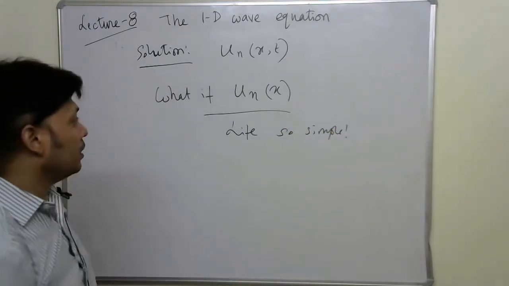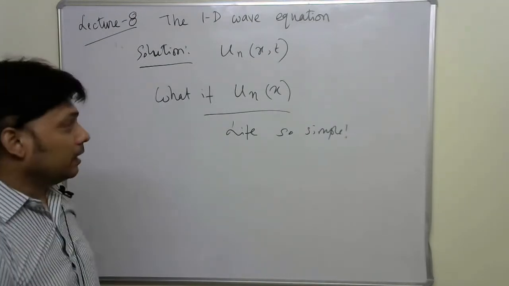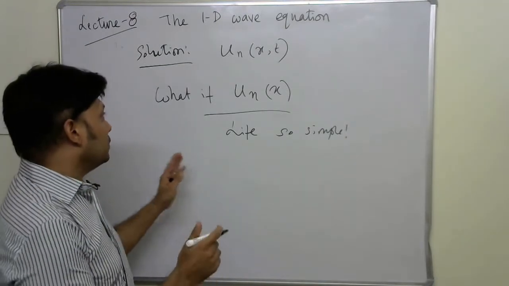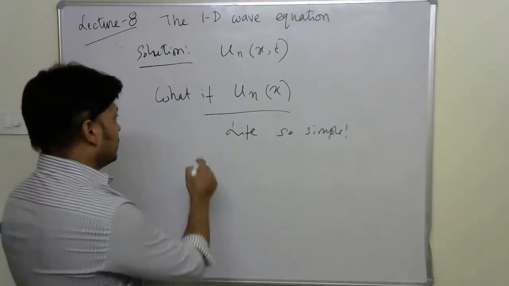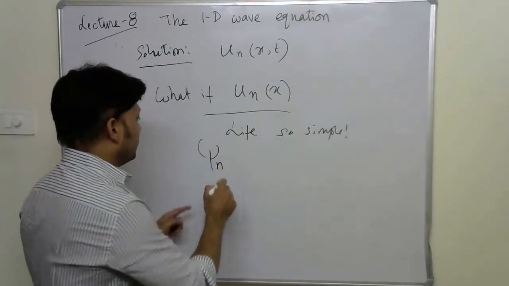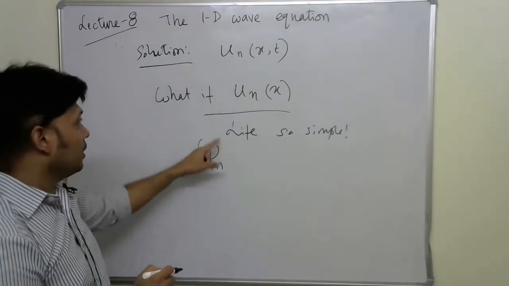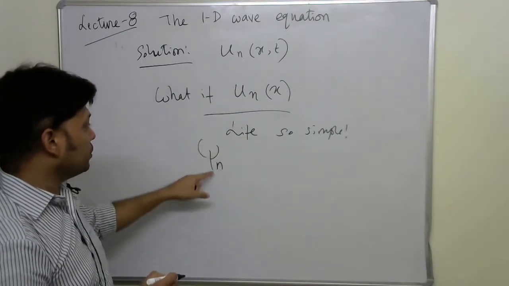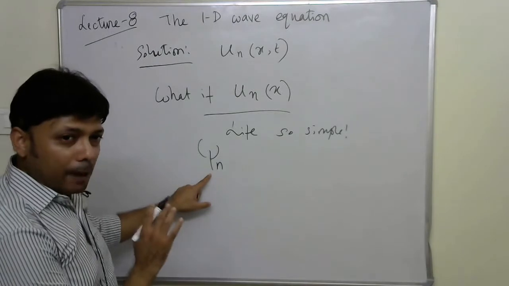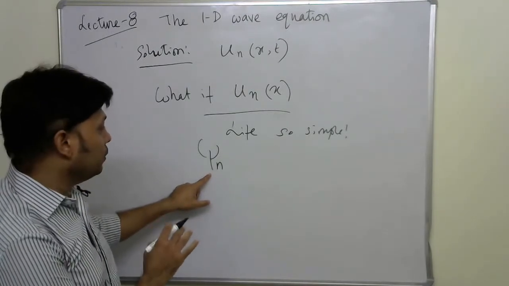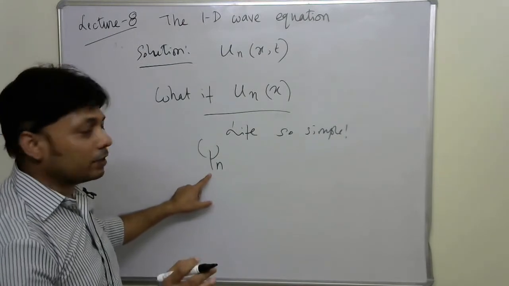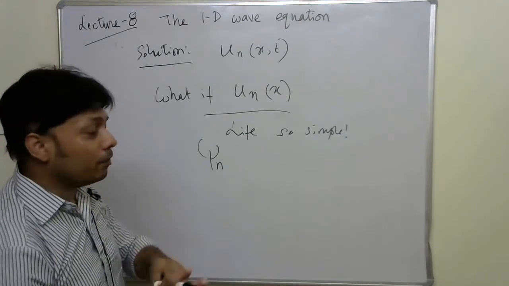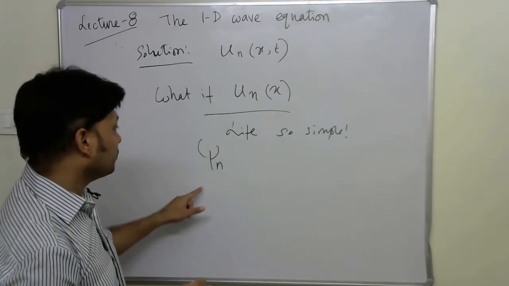Now let me tell you a fact: whenever we deal with the wave function of an electron, that is psi n, similarly, this is the amplitude function. Psi n also represents the amplitude of the wave that represents the electron, that means the amplitude of that standing wave representing the electron.